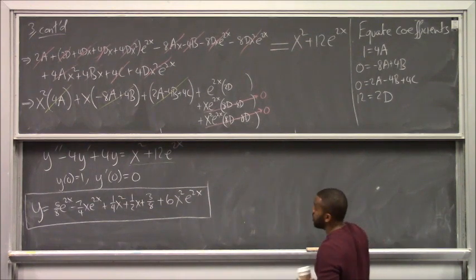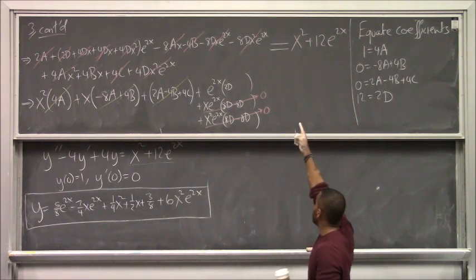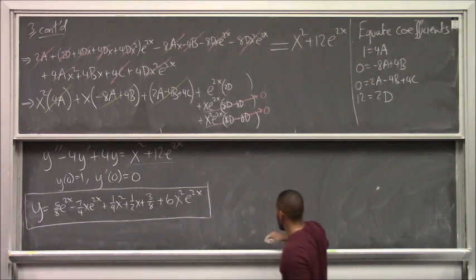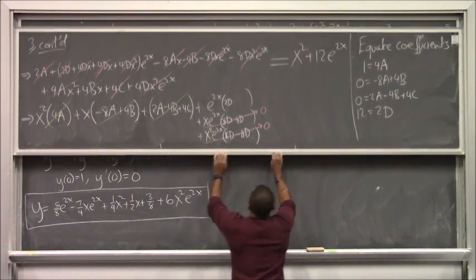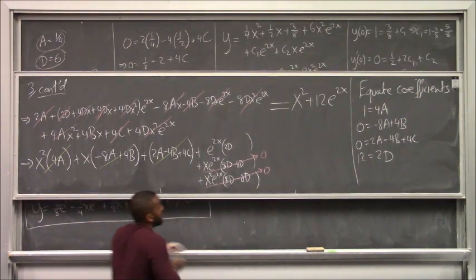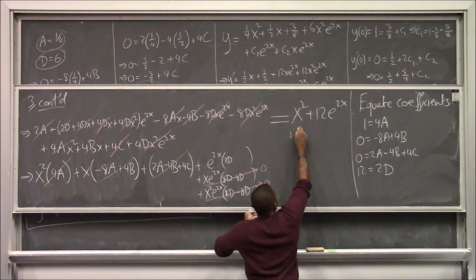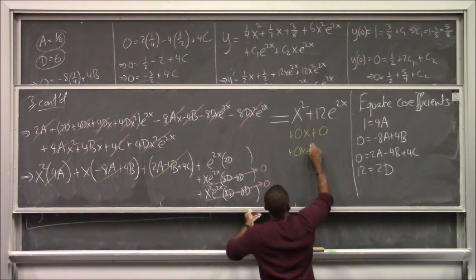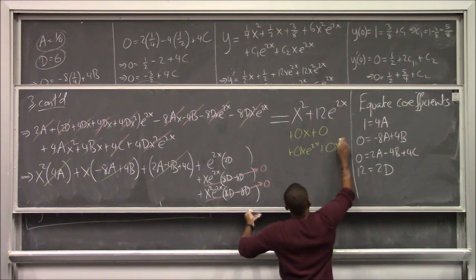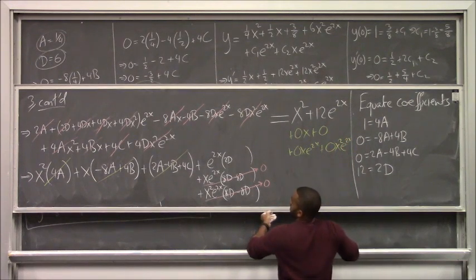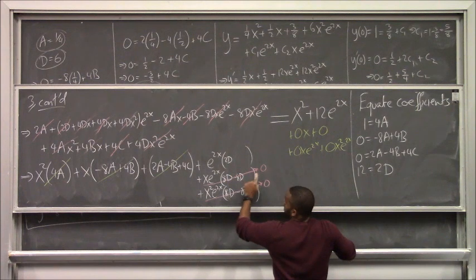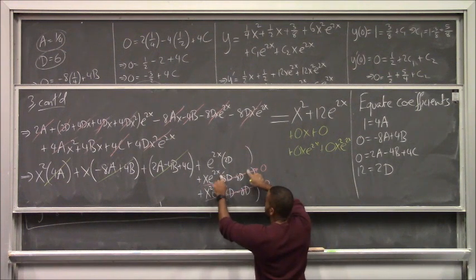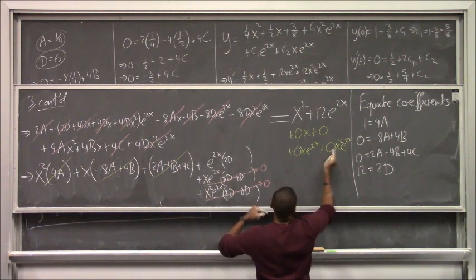So then the coefficients of the x squareds have to be the same because we have an equal sign. All these coefficients must be the same going all the way across. You can notice here that they're not written, but technically you have a 0x and a 0 constant, and a 0x e to the 2x, and a 0x squared e to the 2x. These are 0 anyway, but if they weren't, I would set whatever is inside the parentheses equal to 0.